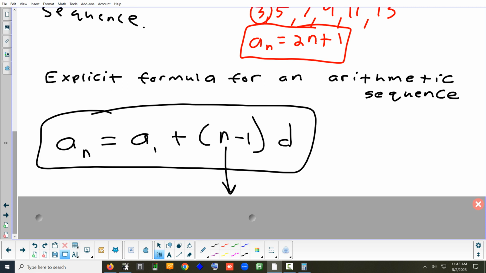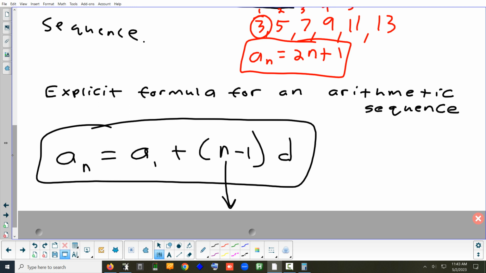This is the first term. n minus 1 is something that always stays the same. And d is the common difference. Now, it gives you something that you need to use the distributive property on and simplify, but it will give you the correct answer.